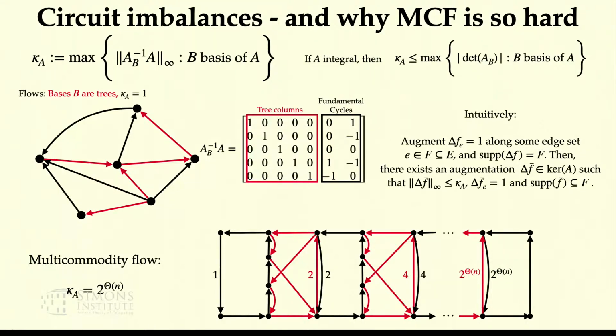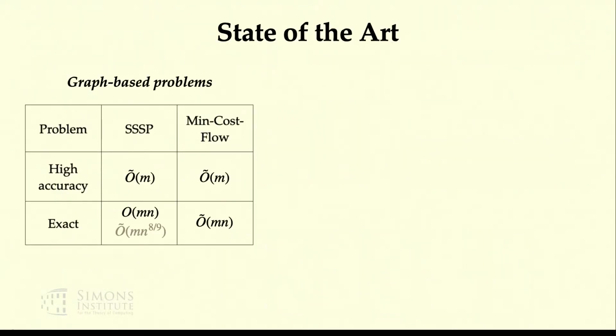So what is the state of the art for certain graph-based LP and for general LP? For single source shortest path, there was a breakthrough result last year, which shared best paper at FOCS 22, that both single source shortest path and min cost flow can be solved in nearly linear, almost linear time, O tilde of m.